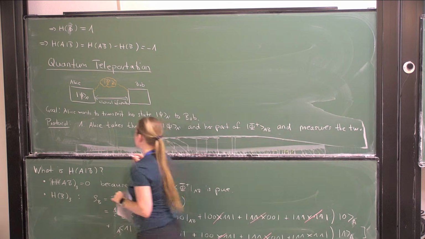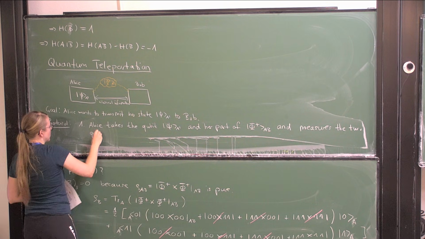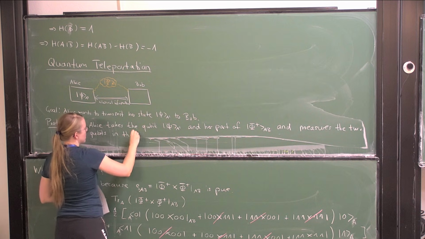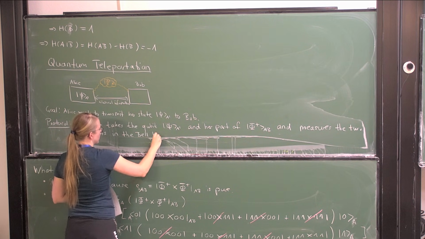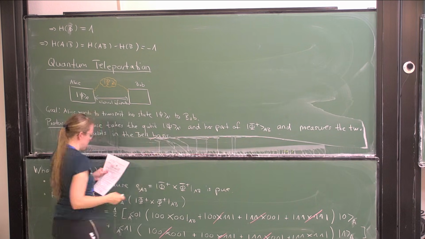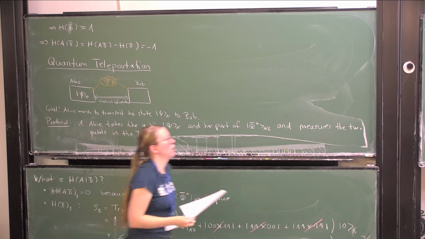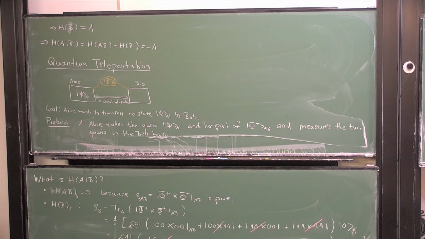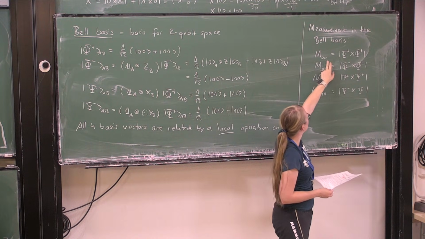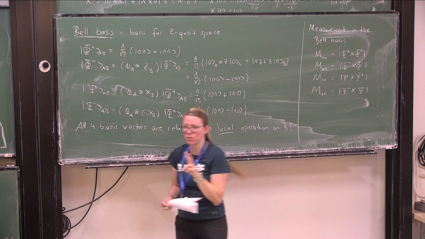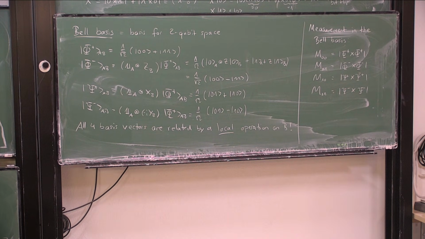So she measures the 2 qubits in the Bell basis, which will produce an outcome. Here I labeled them with 2 bits. So that means the outcome will be one of the 4 possibilities. So the outcome is 2 bits in this case.